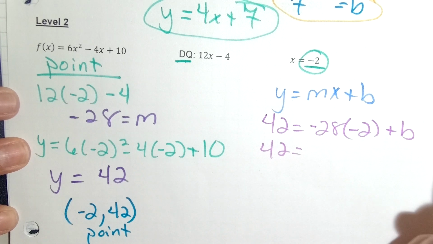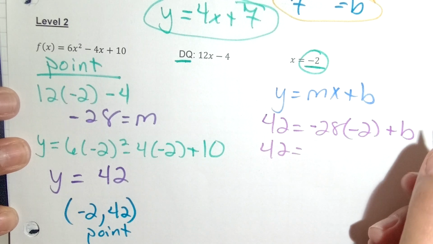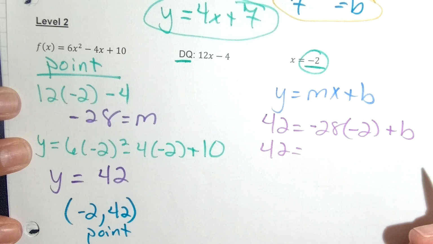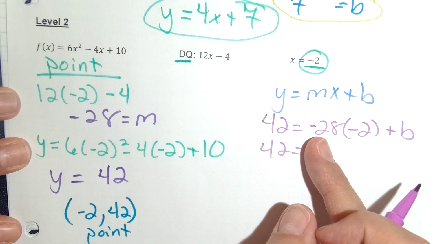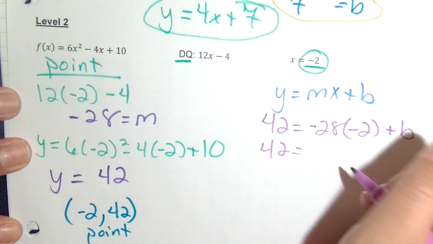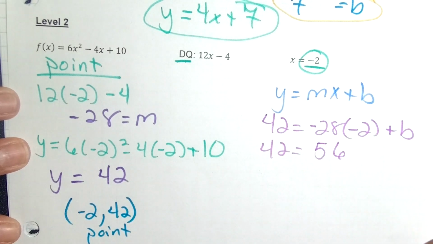Negative 28 times negative 2, and that would give us negative 36. You sure negative? Did you put negative 28 and negative 2? 56. Positive 56. Okay. Lucero, keep going.